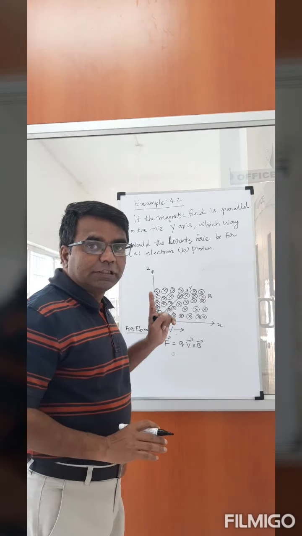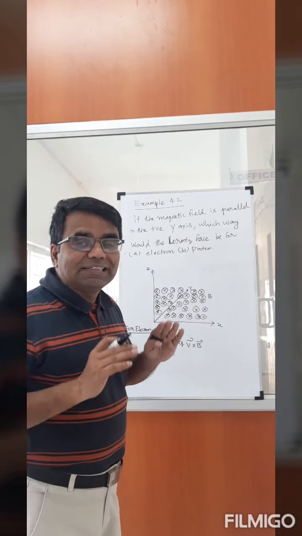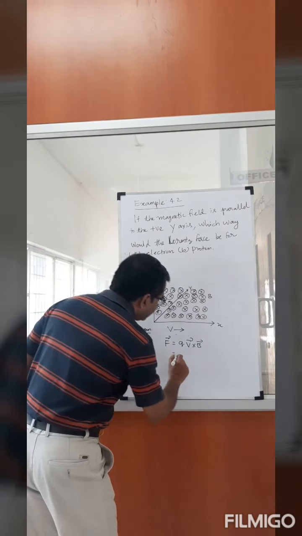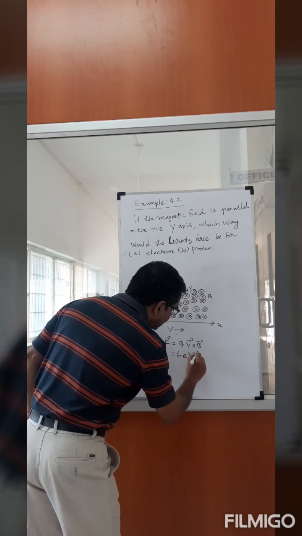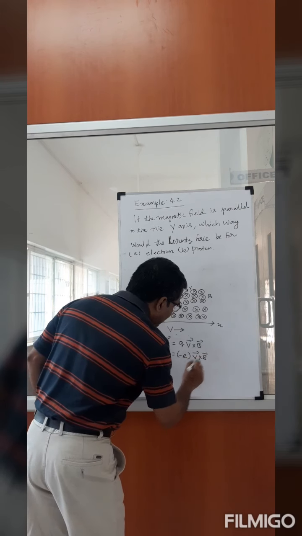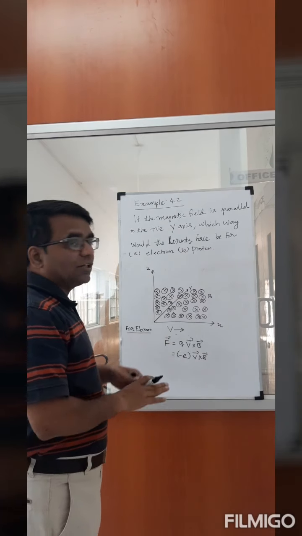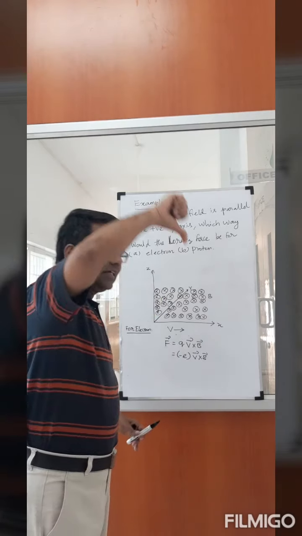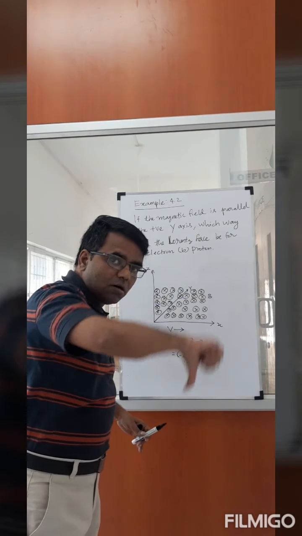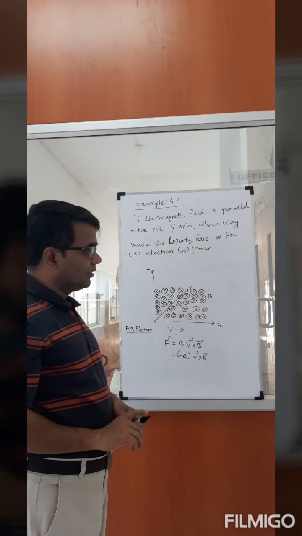For electron, Q is negative E, minus E. Minus E into V cross B. Because I have minus E, then that will become downward, because it's going to be in the opposite direction.